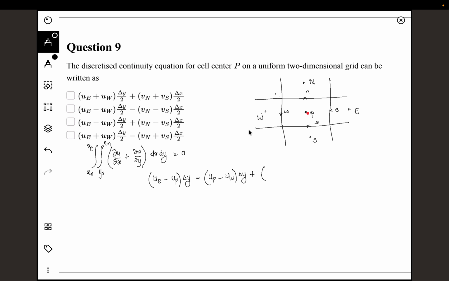So on the north face it is del v del y, vn minus vs times delta x.